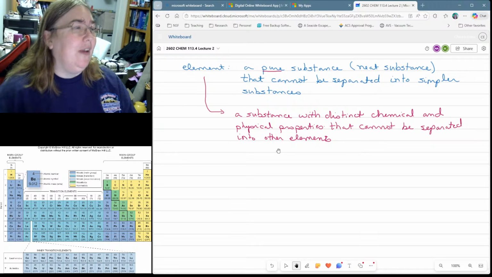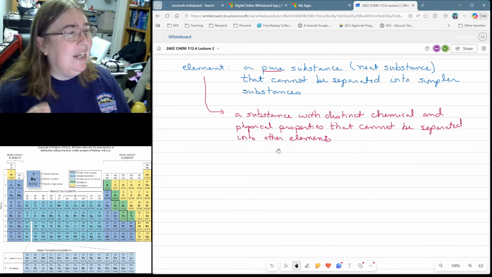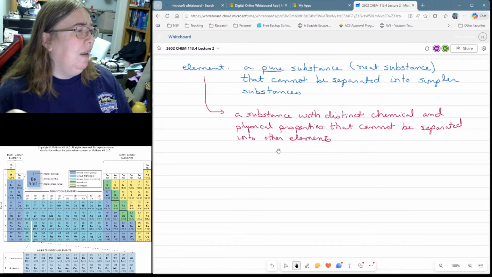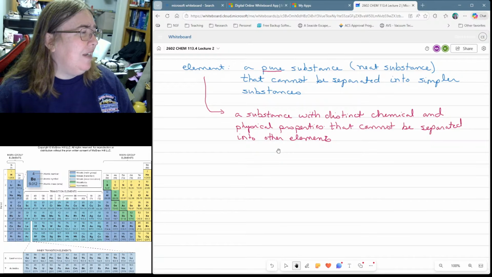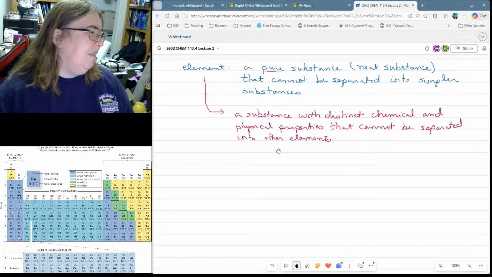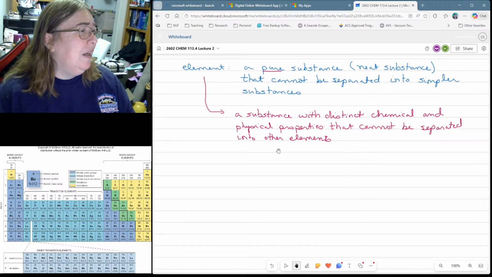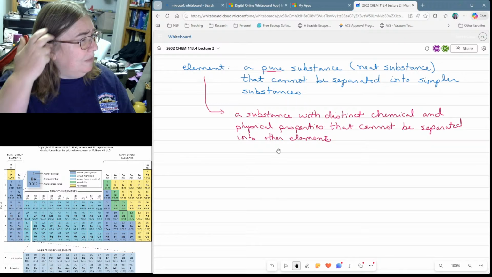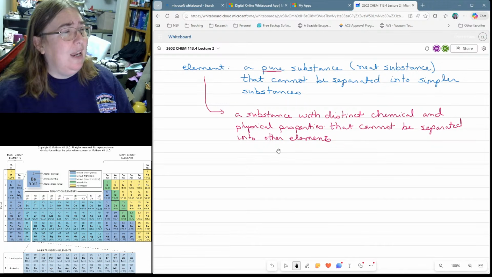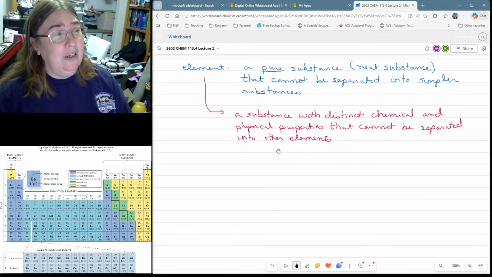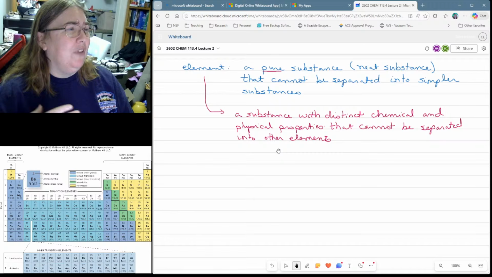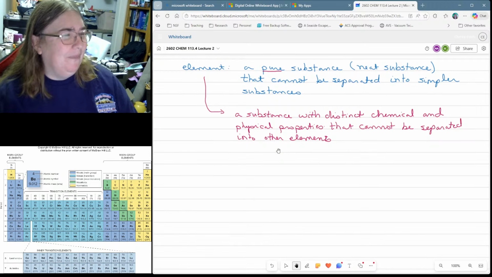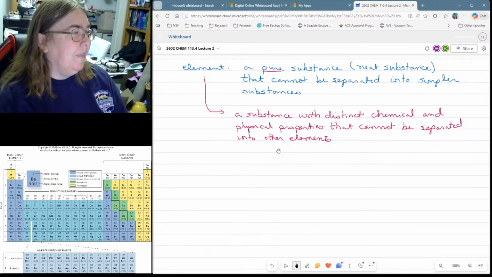We have a full periodic table full of elements, so we kind of know what the elements are. Are there elements past the periodic table that we haven't discovered yet? Possibly. But since most of the elements on the lower half of the periodic table are completely unstable and you really can only find them for like a millisecond in a particle accelerator, I think for the stable elements we're good in terms of the discovery.